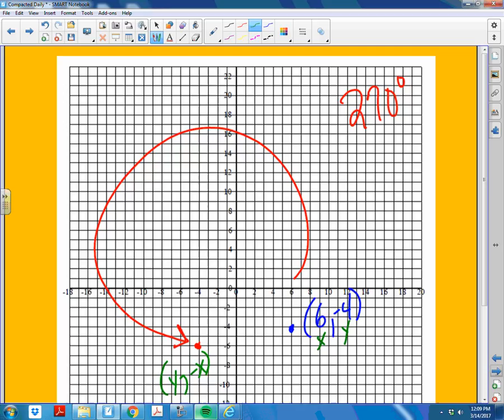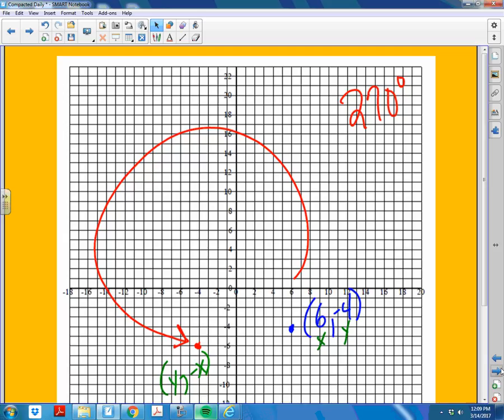But since the y was a negative, since 4 is already negative, it keeps the same value. It never changed. Negative doesn't really mean negative, it really means the opposite. Opposite's a better way to think about it. Any questions on that?